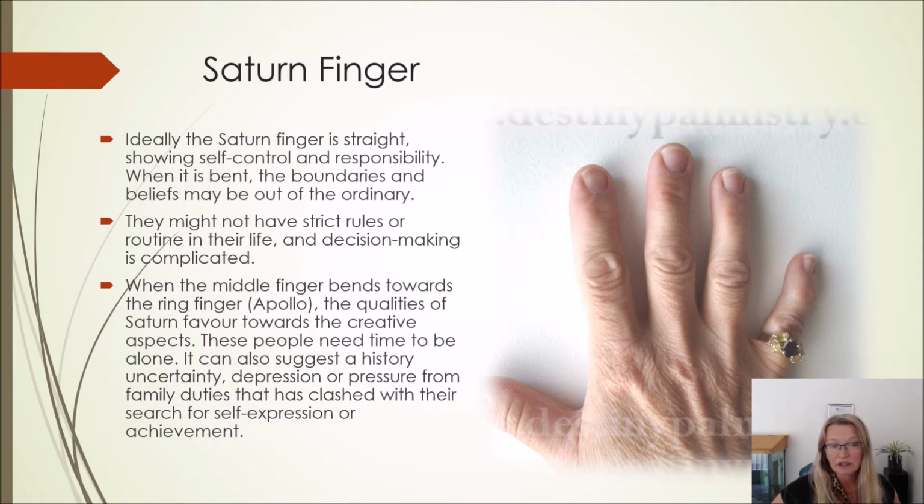That is, when the middle finger bends towards the ring finger of Apollo, the qualities of Saturn are favoring towards the creative aspects of the Apollo, the ring finger. So these people might need time to be alone, like a creative person often does. It can suggest a history of uncertainty, such as depression or pressure from family duties. The family duties might have clashed with their search for their self-expression or achievement in a creative type situation.